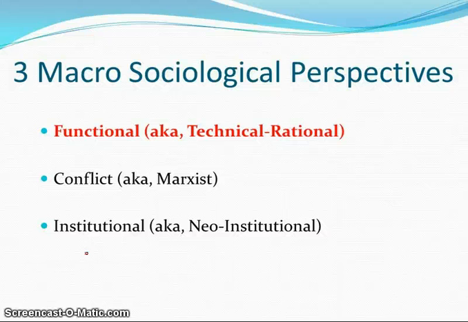And I think it's important to discuss these three macro-sociological perspectives because they each are connected to one another. They all basically are functional theories. Conflict and institutional are just forms of functional theories. And they also all relate very strongly to issues of inequality, stratification, or differentiation that we discuss in sociological studies more broadly.